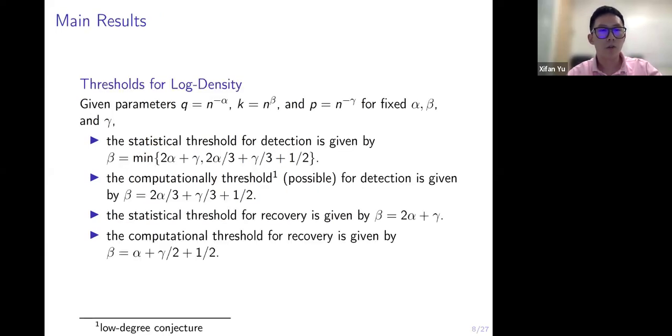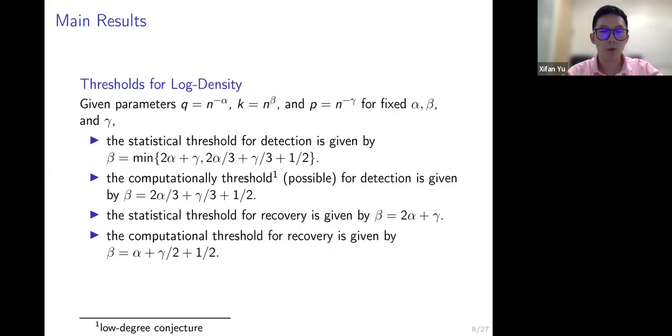One of our main results in this work is that we determine the statistical threshold and computational threshold for detection and recovery in the log density setting. The thresholds here are written in terms of alpha and gamma.